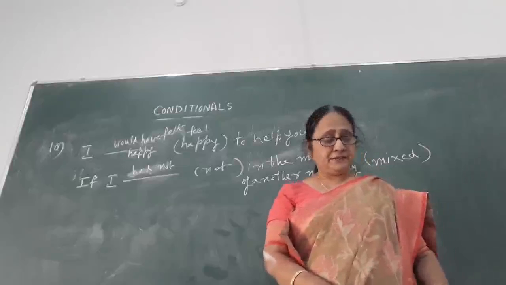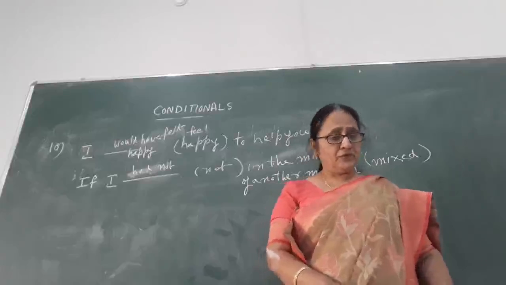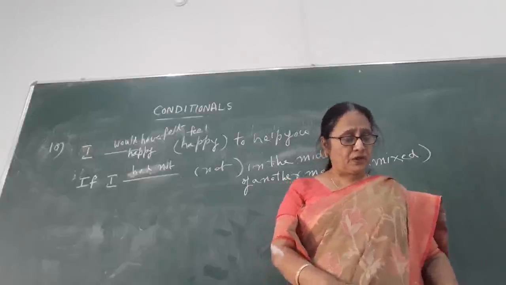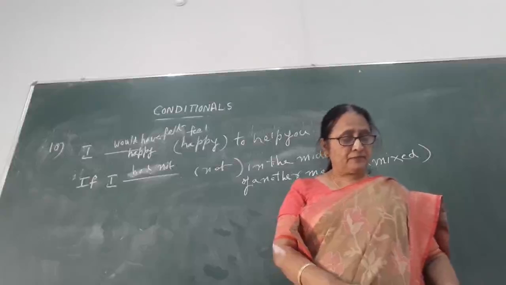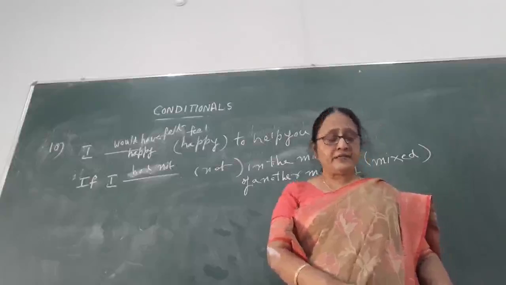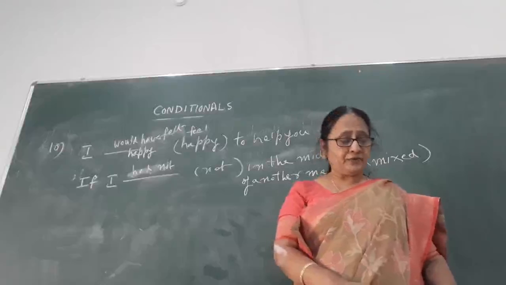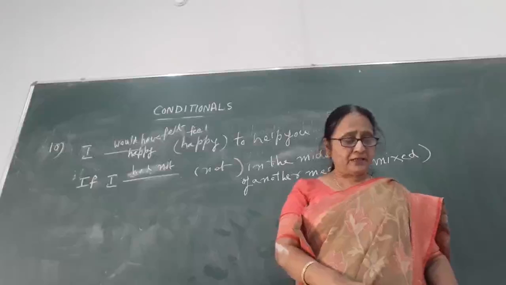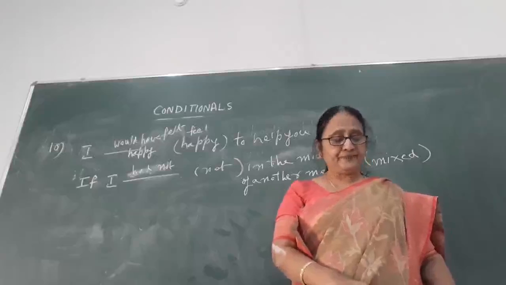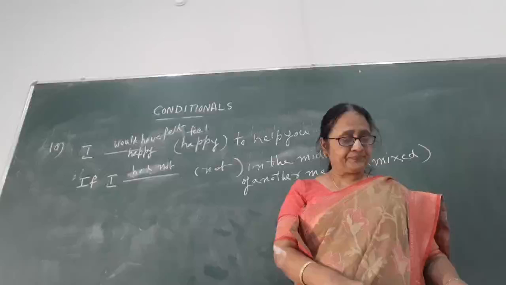Then ninth bit. If you spoke louder, then the correct bit is the audience would understand you. This is the ninth bit, and the ninth bit goes with G. Then tenth bit.